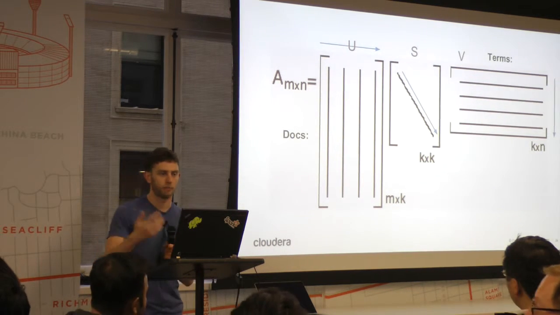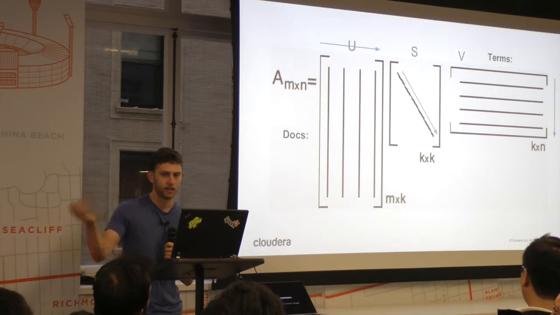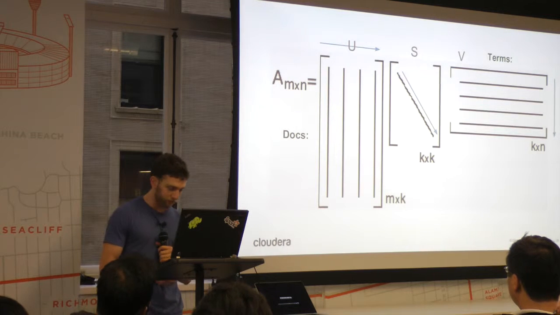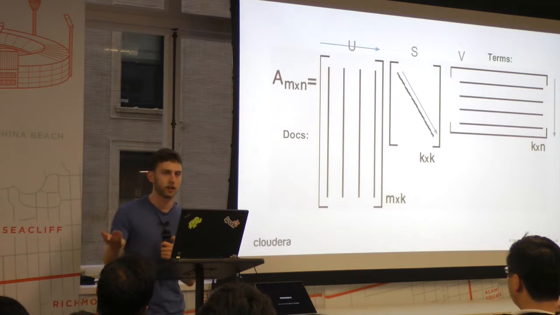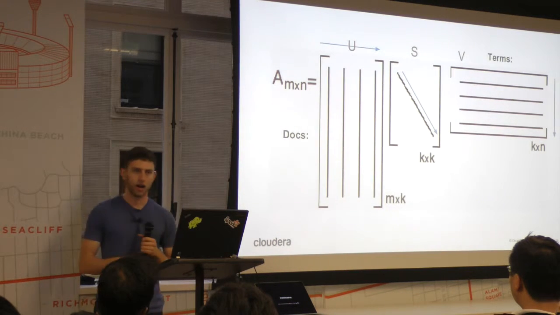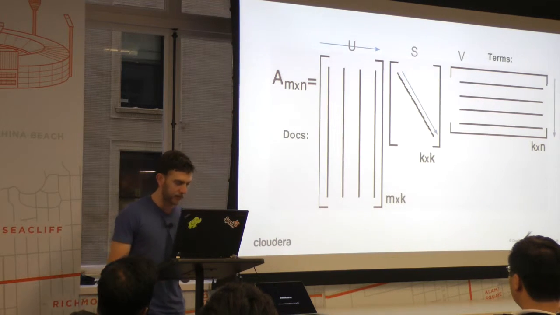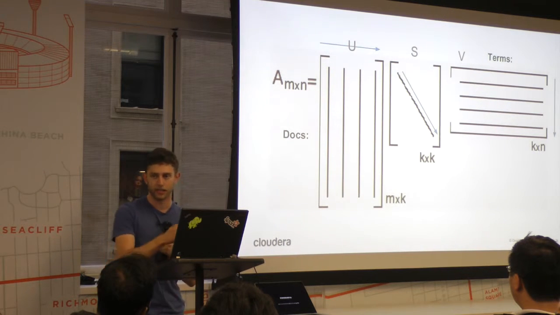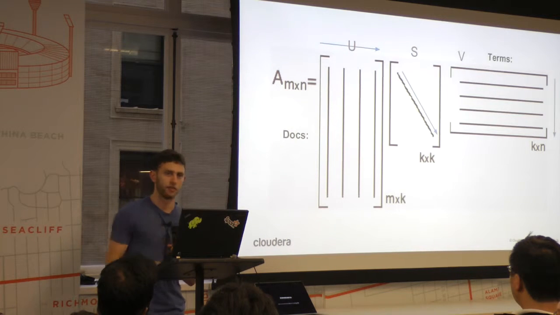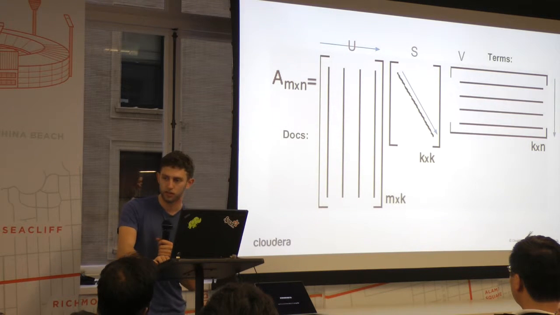If a concept is able to explain a lot of the variability in the data set, it's going to have a high value in S. It's going to be more important. And if it's a low-grade concept, it's going to be less important and have a lower value on the diagonal of this S matrix. Any questions on that?